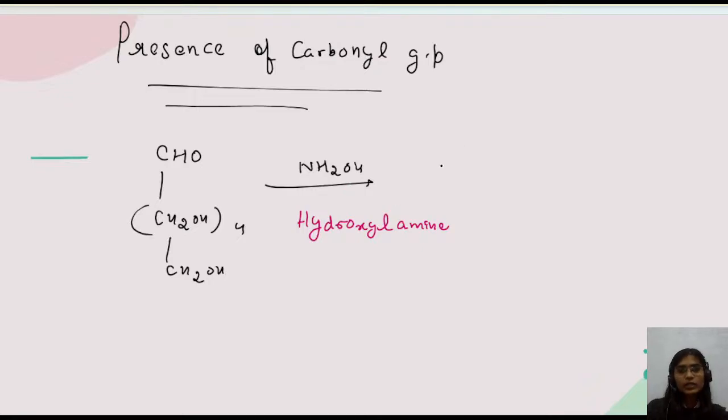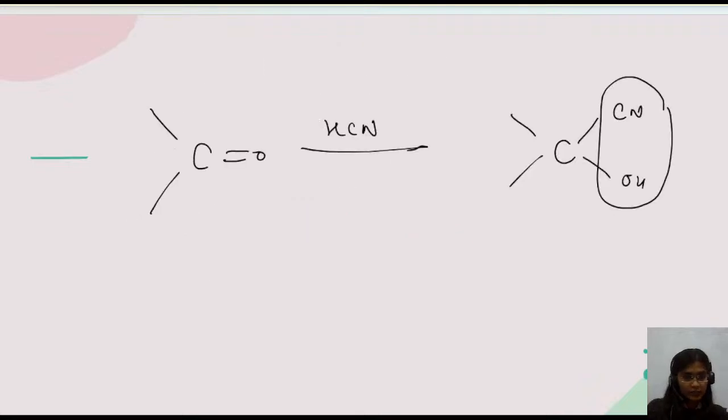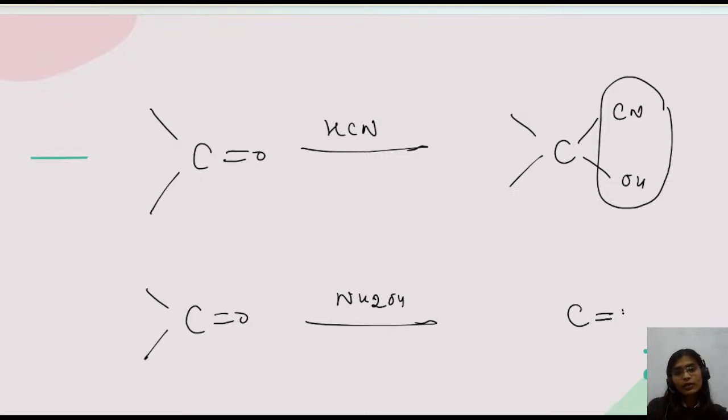Let me brief this part again. If you have a CO group and we use NH2OH, this carbon combines with it, and this thing is known as an oxime. Be noted that in this case a water molecule is removed. Let me write it this way: NH2OH is there.